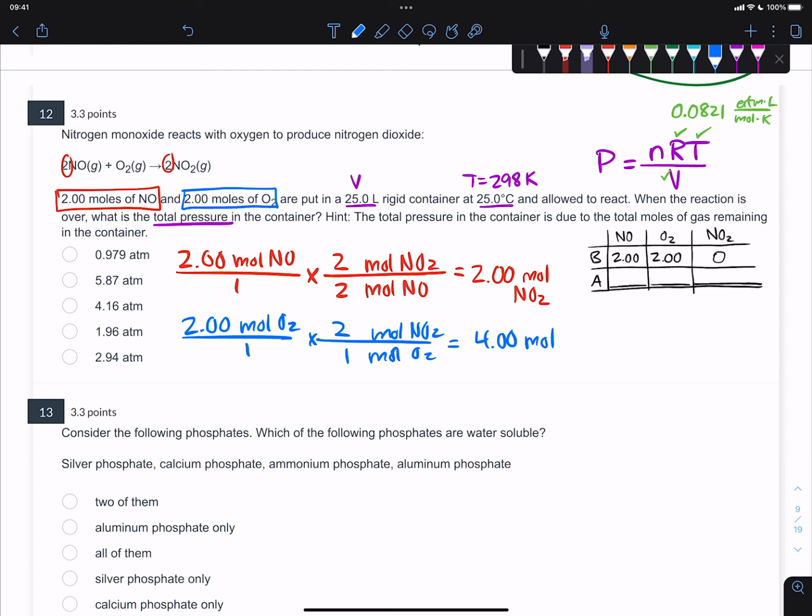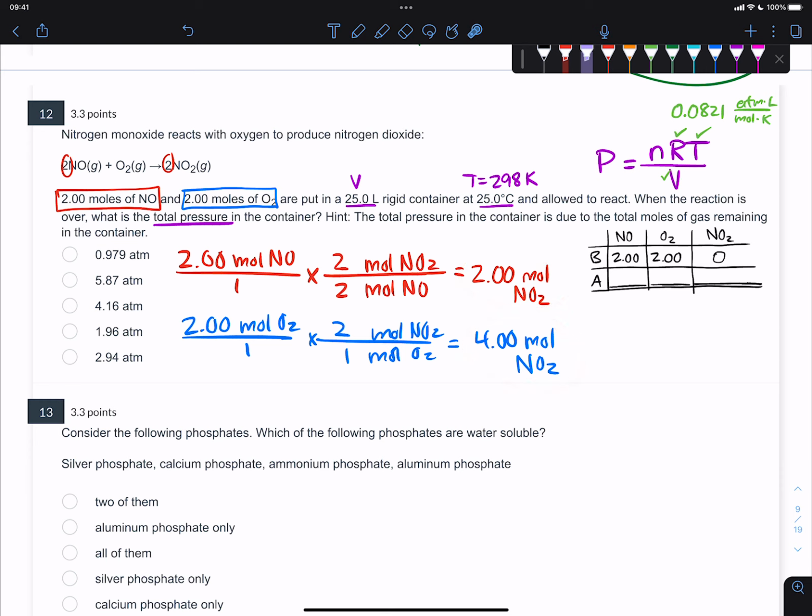So remember, for limiting reactant problems, you have to look at what you're literally given. This reaction can only start with 2 moles of nitrogen monoxide and 2 moles of oxygen, which means that we have to run our stoichiometry through for both reactants, and we see that we can either get 2 moles of nitrogen dioxide or 4 moles of nitrogen dioxide.